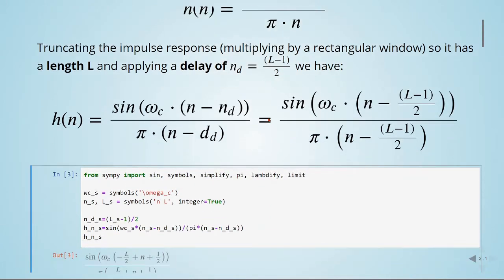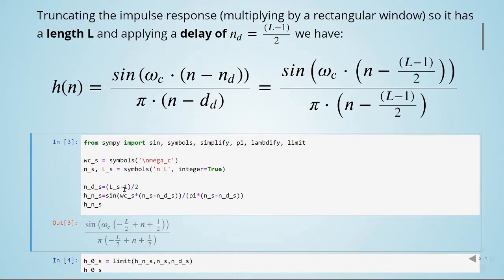We can also use SymPy to solve this. So here I'm importing SymPy, and I'm importing sin, symbols, simplify, pi, lambdify, and limit. Here I'm defining my symbol omega c, and other symbols are n and L, so the length and the n.